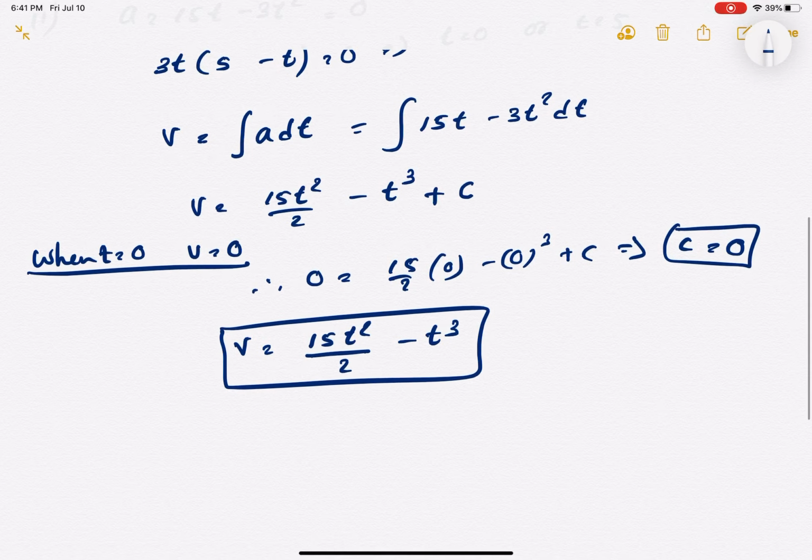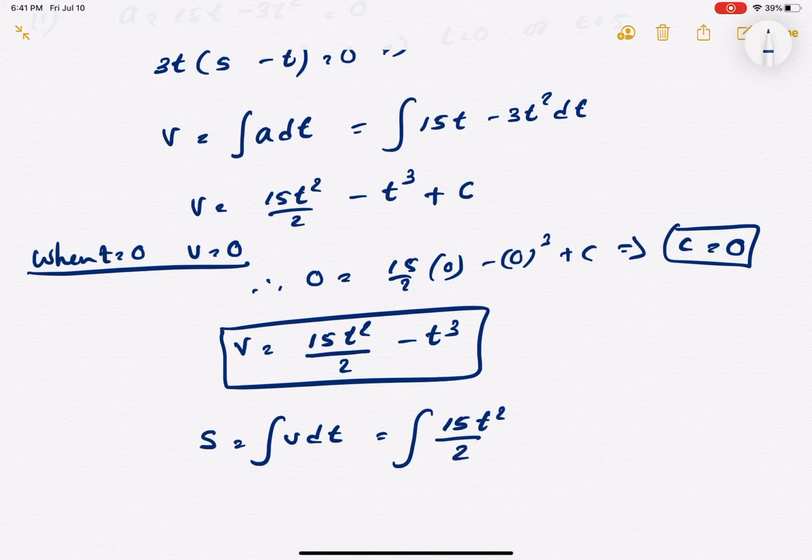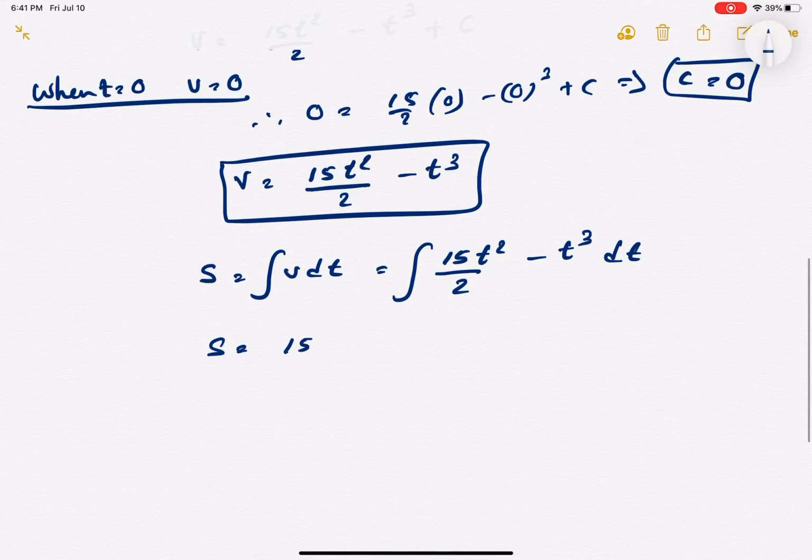And then to find the displacement function, we can integrate the velocity function with respect to t. So this would be the integral of 15t square over 2 minus t cube dt. When you integrate this, we would get 15t cube over 6 minus t to the power of 4 over 4 plus c.